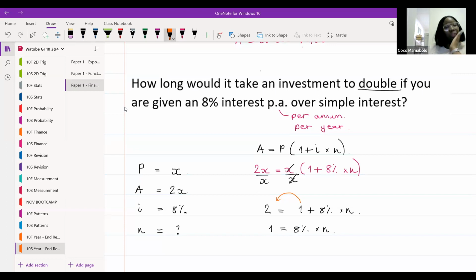Divide by 8%, correct. Divide both sides by 8%. And that gives us n. Therefore, n is equal to, if you punch that into your calculator, your answer will come out as 12.5 years, which is just 12 and a half years.